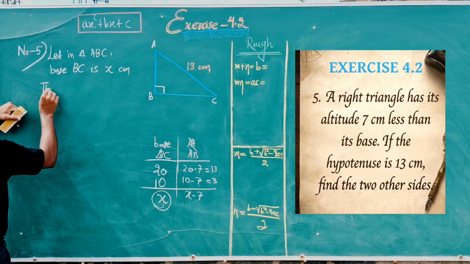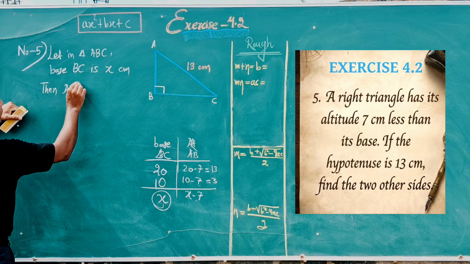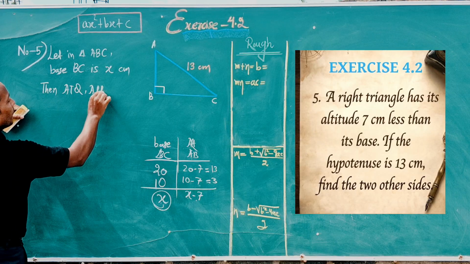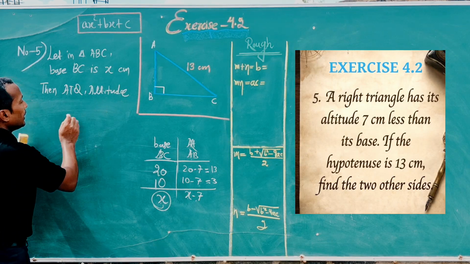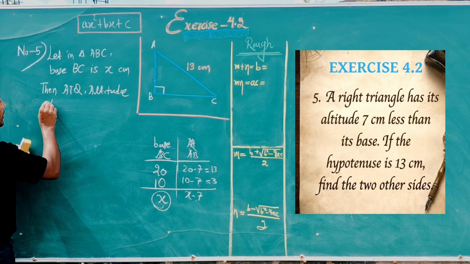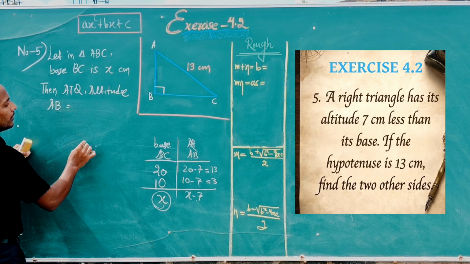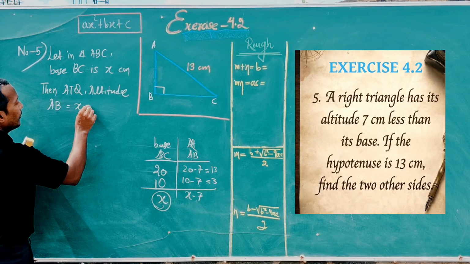Then according to question, altitude AB is equal to x minus 7.